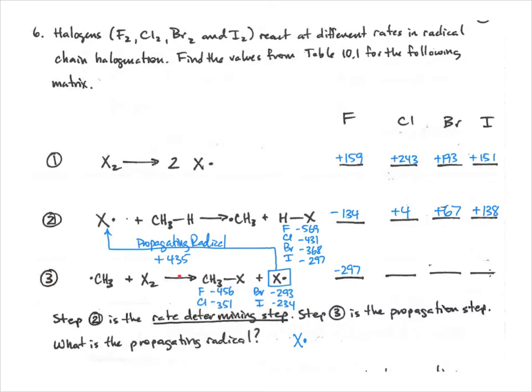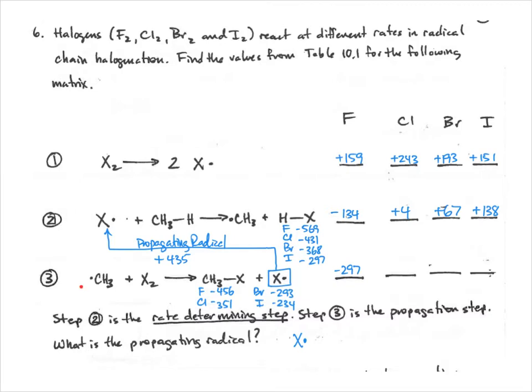Step 3 tells us this is a chain reaction in which the halogen radical X propagates back to the second step. The heat required here for chlorine, bromine, and iodine needs to be generated from step 3, so that when this radical goes back in, it doesn't die and can propagate this cycle.